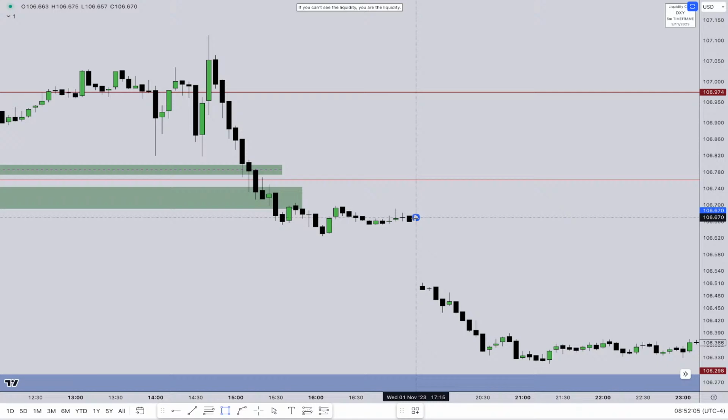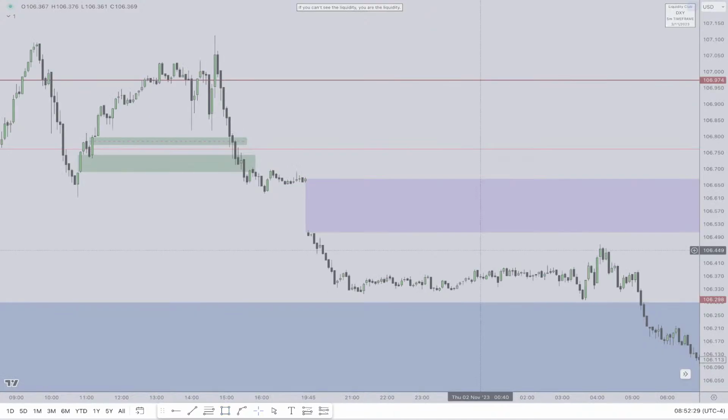So between these two price points, there is no trading, and it is the liquidity void right there.